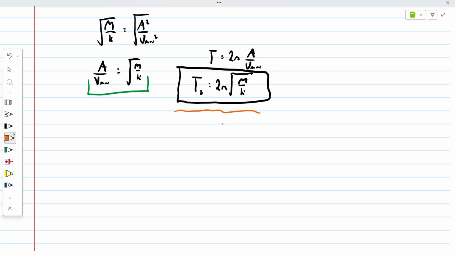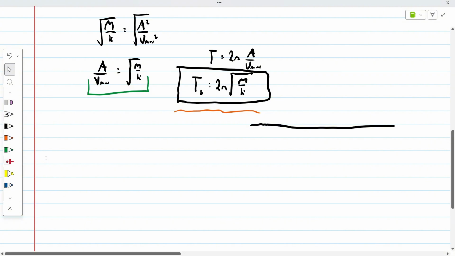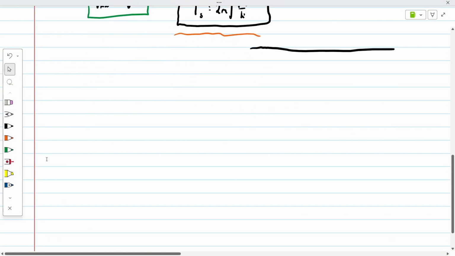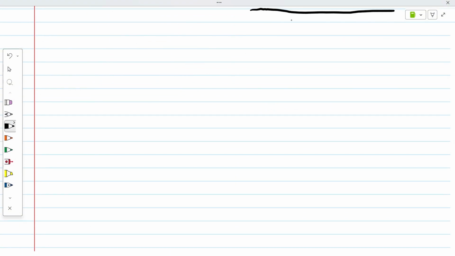Okay, so let's just recall what we're even going to try to derive here. So let's draw out our pendulum, and start doing stuff with it. So we have our pendulum. I'm going to bring this down here. So we have a pendulum that comes out, and it has an equilibrium point.